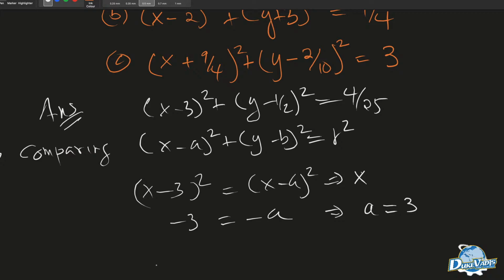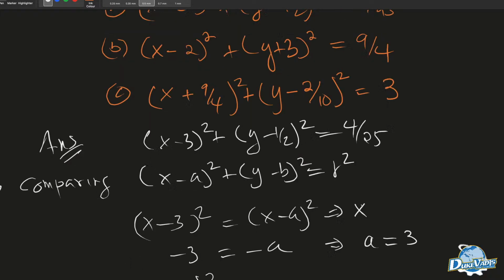Then for y, we compare y minus half squared to y minus b squared.